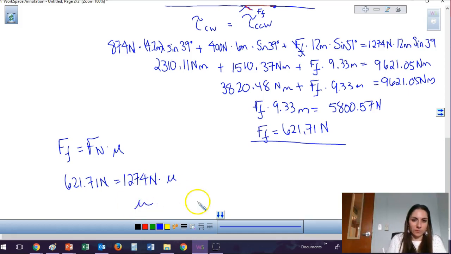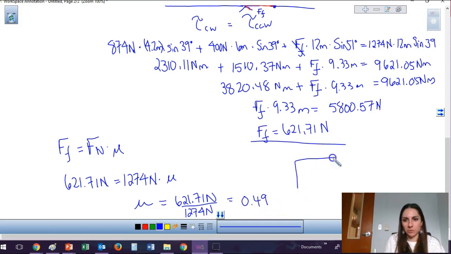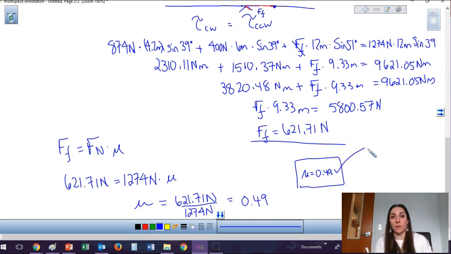So let's solve for mu, which is going to be 621.71 newtons divided by 1274 newtons. That gives 0.49, rounding, which is the coefficient of friction, and that looks good.